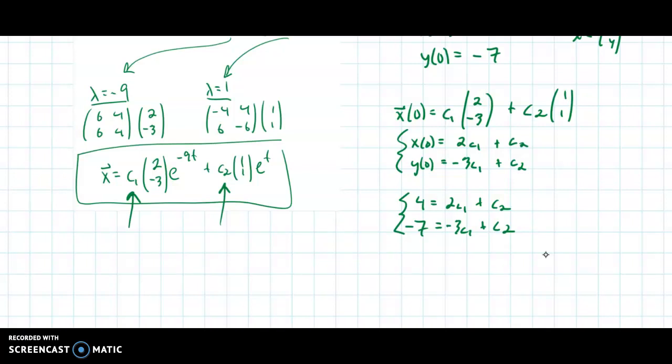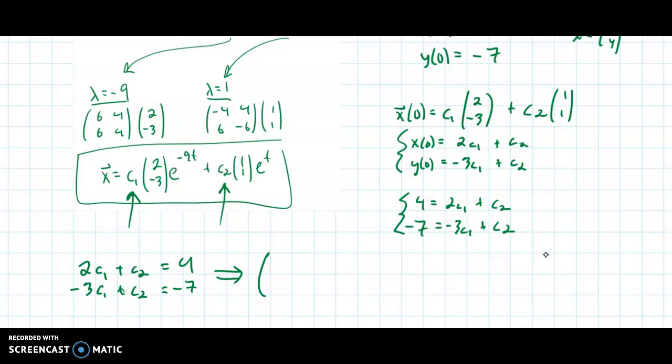I'm going to write it as 2c1 plus c2 is equal to 4, and then negative 3c1 plus c2 is equal to negative 7. What I'm going to do is write this using a matrix. I'm just going to rip the coefficients.